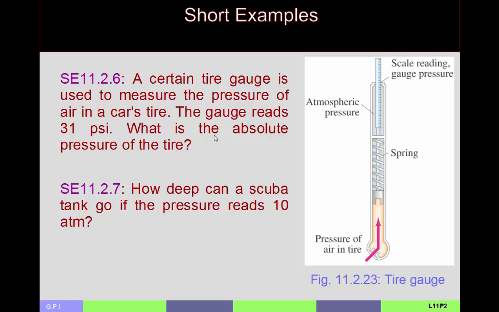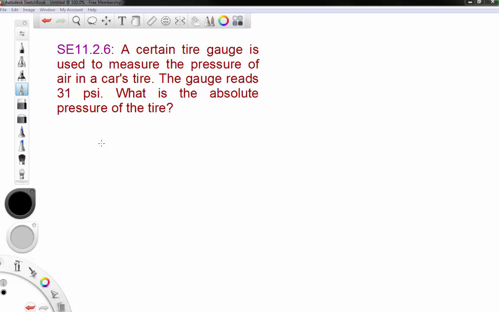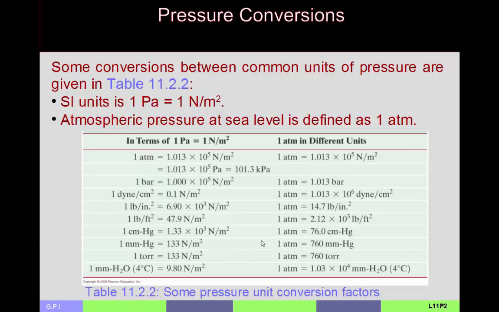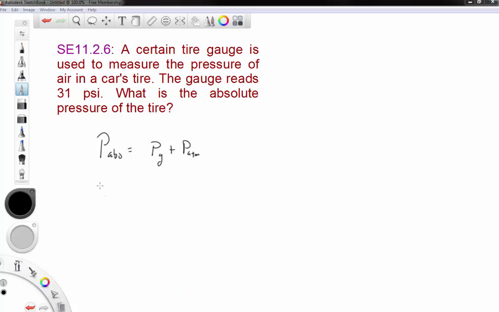We want to know what the absolute pressure of the tire is. So of course the absolute pressure is going to be the gauge pressure plus the atmospheric pressure. So what is the atmospheric pressure in psi? Well, that's where this table comes in. So 1 atmosphere is 14.7 pounds per square inch, so 14.7 psi.